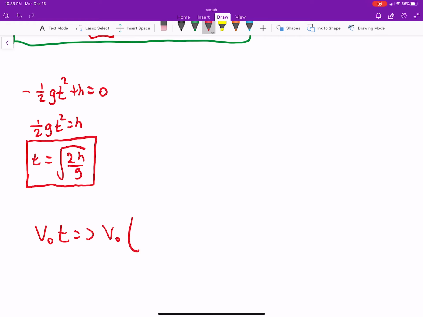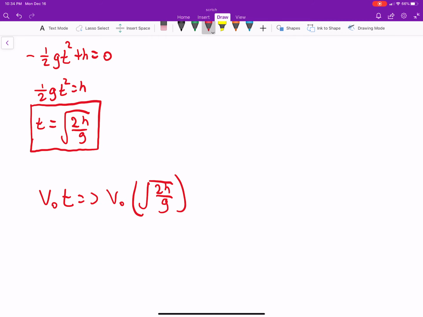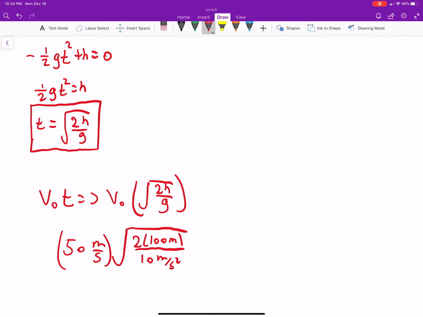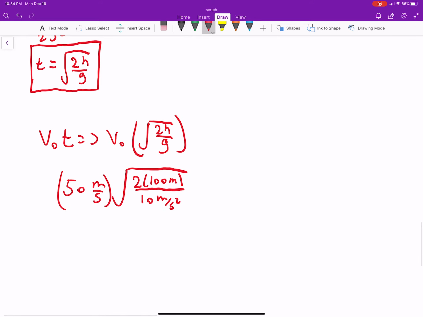So v naught times the t we just solved, square root of 2 times h divided by g, which is, we said 50 meters per second times the square root of 2 times 100 meters all over 10 meters per second squared, which is 50 square root of 200 over 10, or 20.